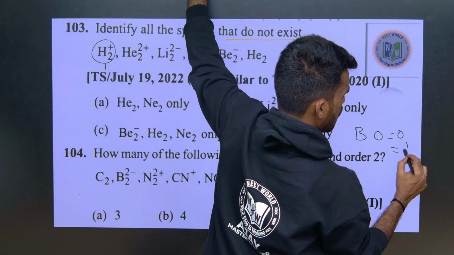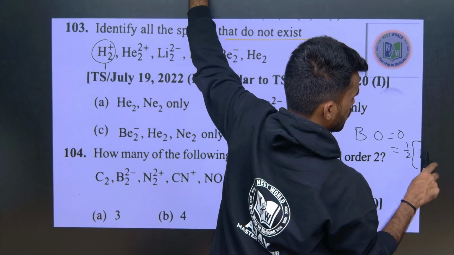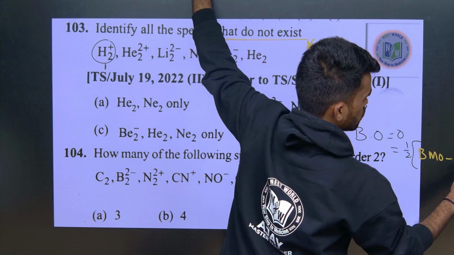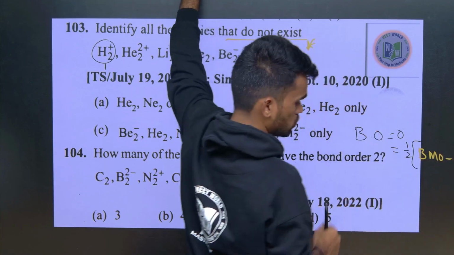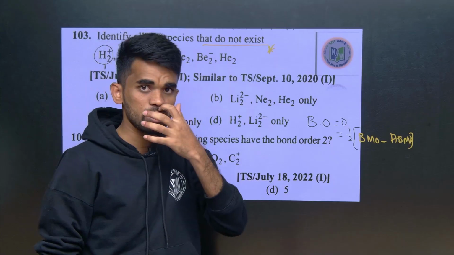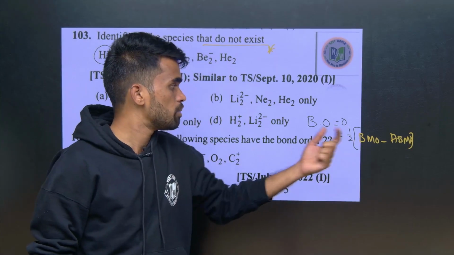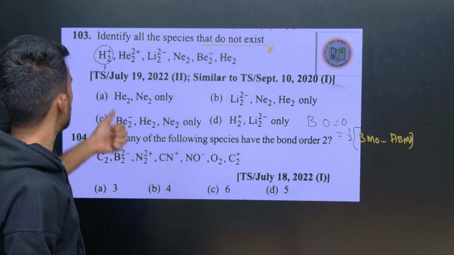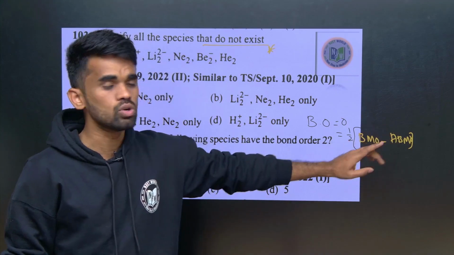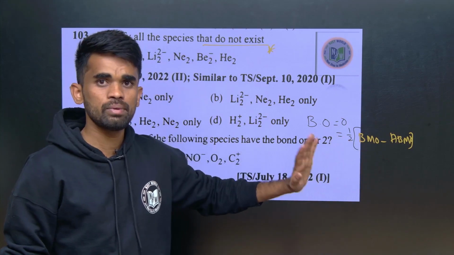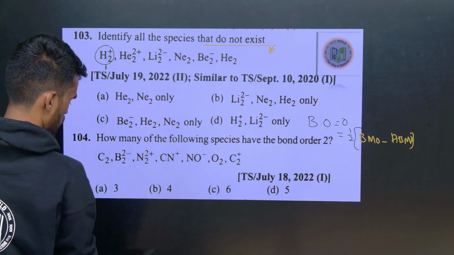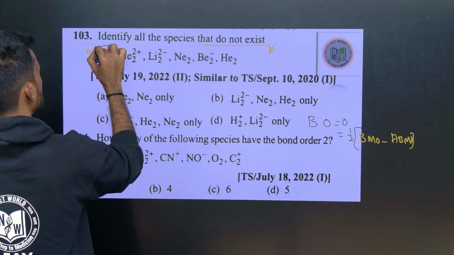Half into the number of bonding molecular orbital electrons (BMO) minus antibonding (ABMO) electrons. This is the formula you need to use. How many BMO electrons? 1 bonding molecular orbital electron, antibonding 0, so half into 1, that is 0.5. So for H2 plus it is 0.5.